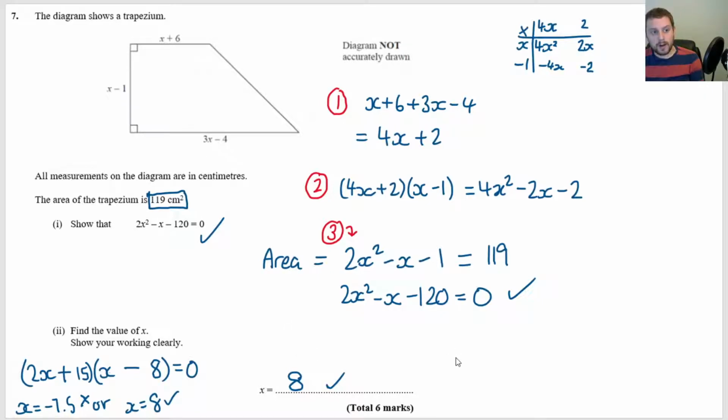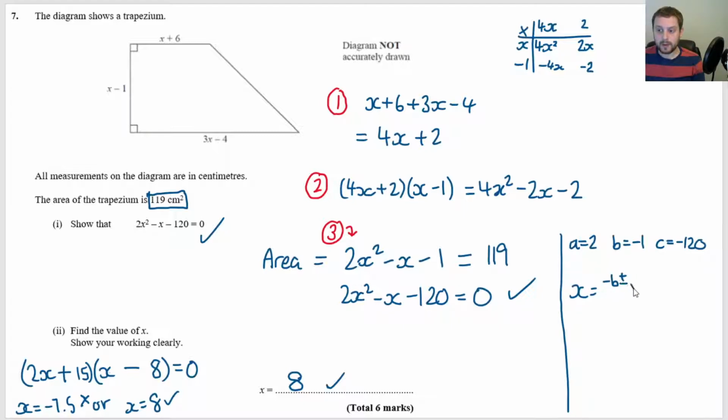Now, if you are not confident with factorizing, because this was obviously quite a tricky factorization, I'll answer this very quickly using the quadratic formula, which I suspect most people would choose to do. So a is 2, b is minus 1, and c is minus 120. So we've got x is minus b plus or minus the square root.